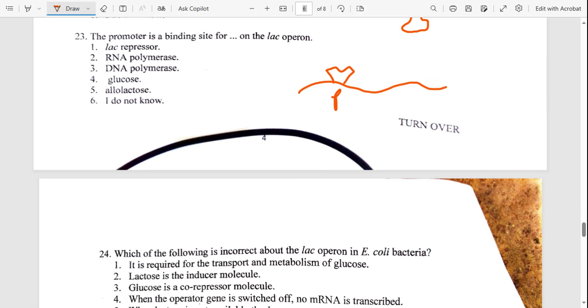So I want to show you something. This is gene regulation.